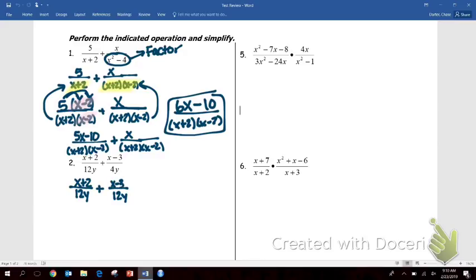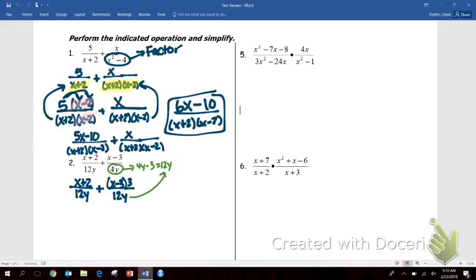How can we turn 4y into 12y? We multiply 4 by 3. So 4y times 3 will give me the 12y that I need.